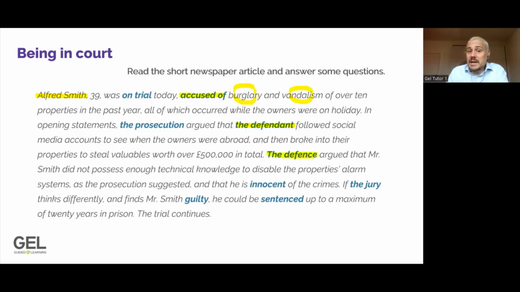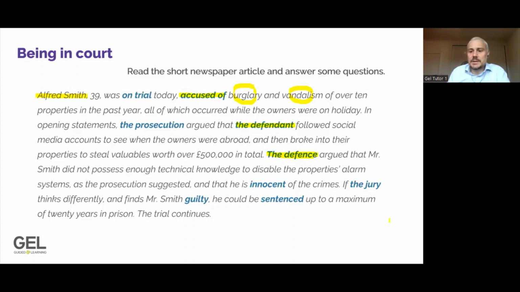The defense means the lawyer or the group of lawyers who are arguing for the defendant, Mr. Smith. They are arguing that he did not commit the crime. We can also use the verb to defend someone. The lawyers are defending Alfred Smith.